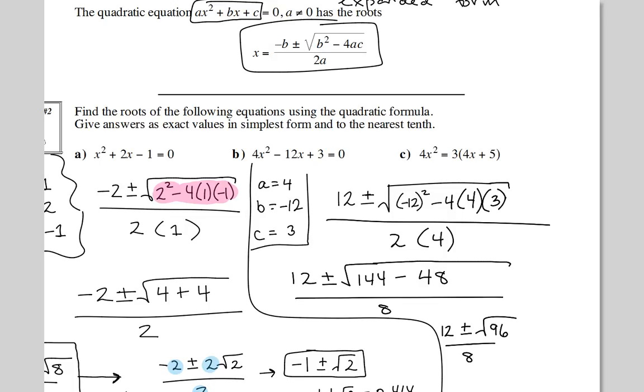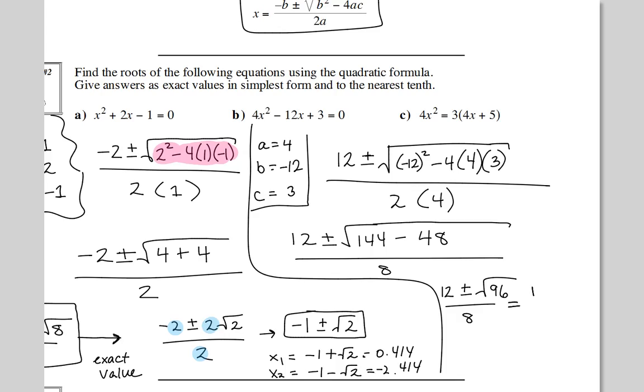It's not, right? So what perfect square factors 96? 16? 16 times 6. Okay. So then we have 12 plus or minus, the 16 will come out as a 4, so 4 root 6 all over 8.